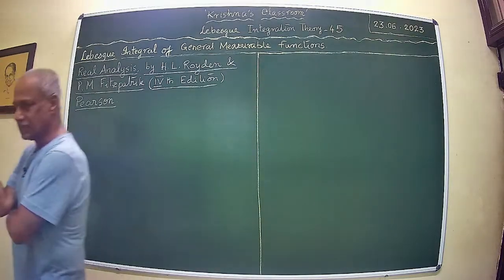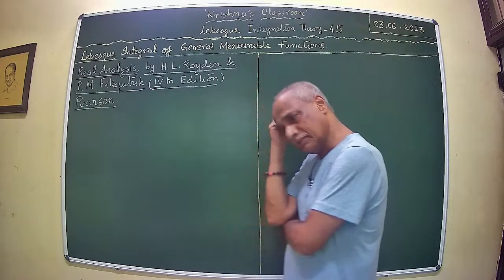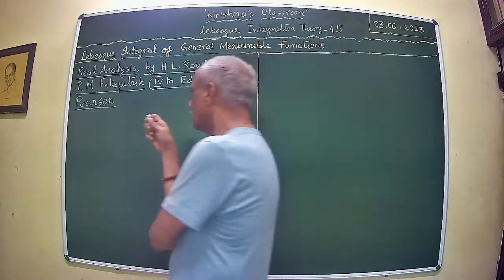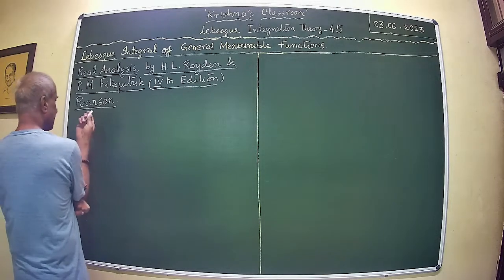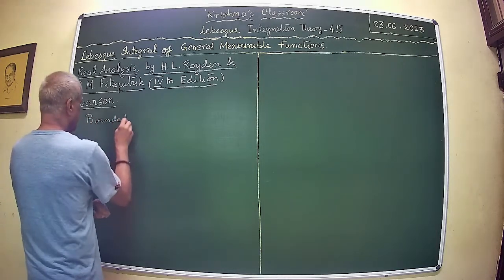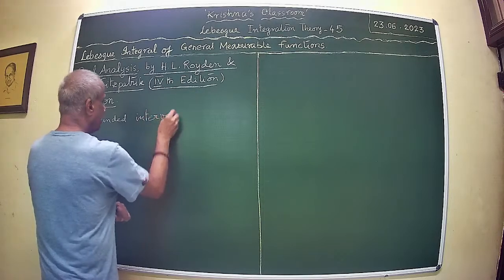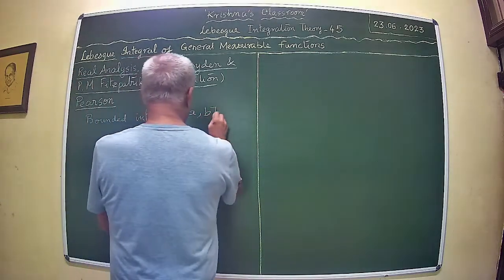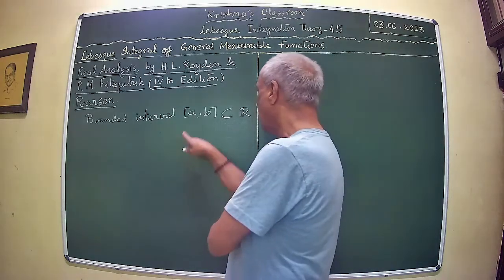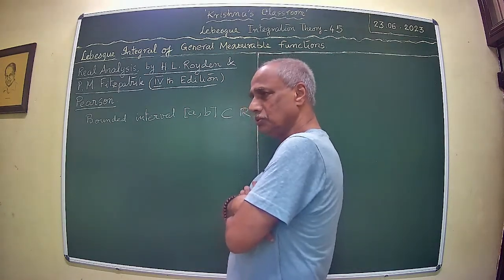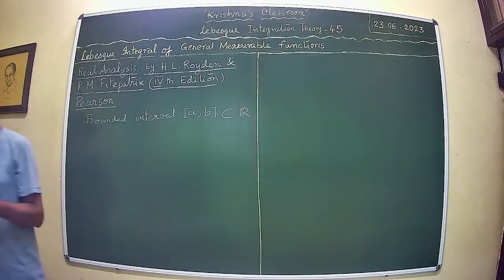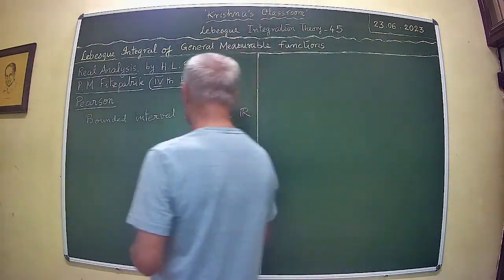So we shall see where the results that we are going to work on fall. We have seen that in the context of Riemann integration, you take a bounded interval [a, b], and we can partition this into a union of disjoint intervals of length as small as we like.